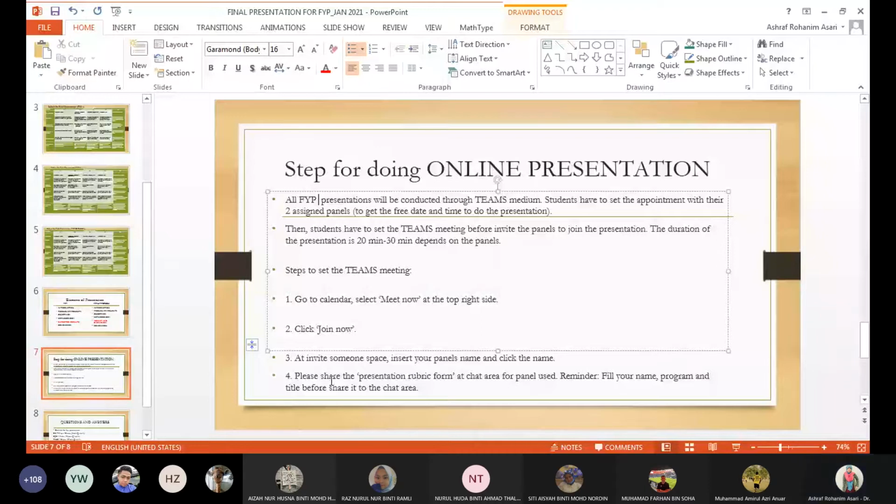Please download this form from the VLE. Please fill in your name, progress and your FYP title before sharing. The panel should not have to assess 20 students with no names on the forms, searching around and then having to type the names. So please fill in the name, progress and title first, then share in the chat area.